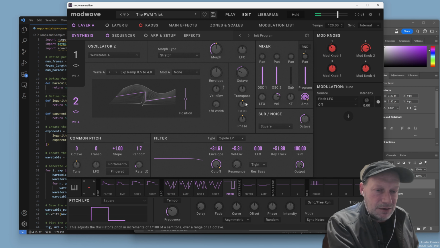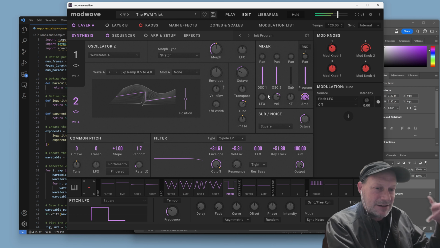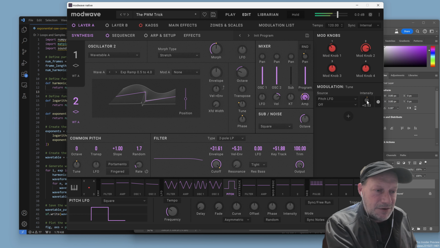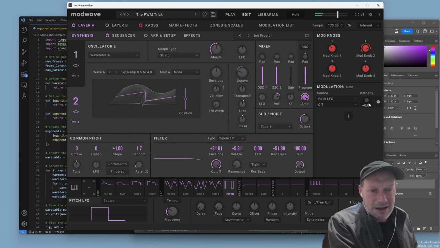You'll see that when one waveform is higher in pitch than the other one, you get this barber pole effect that's going one direction, and then you hear it going the other direction when the pitch is negative. And so that's why you modulate this with a square wave type of LFO. And if you go really big, of course, you start to hear the tuning. But if it's very small, you get the PWM effect.